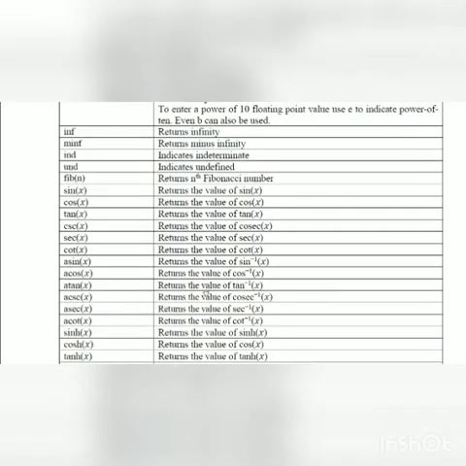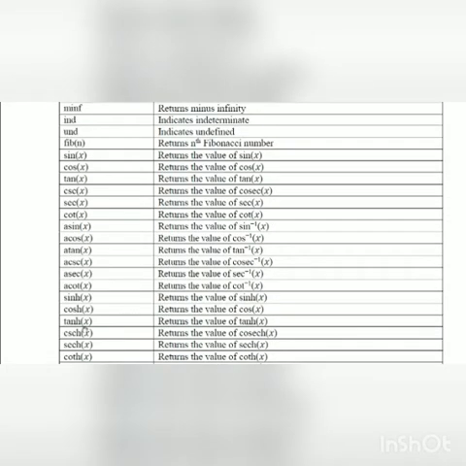And if you want to find the value of inverse trigonometric functions, sine inverse, cos inverse, tan inverse, cosecant inverse, secant inverse, cot inverse, then you have to give arc sine of x, arc cos of x, that is asin of x, acos of x, atan of x, acsc of x, asec of x, acot of x. This is how you give the command for finding inverse trigonometric functions.